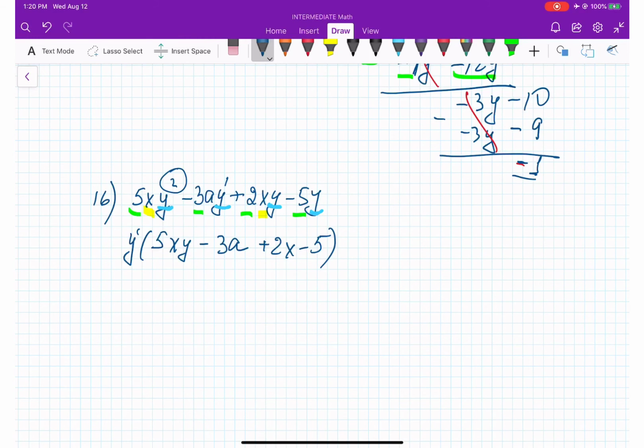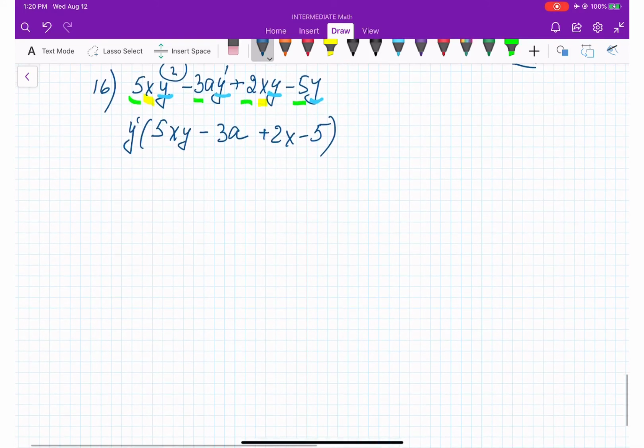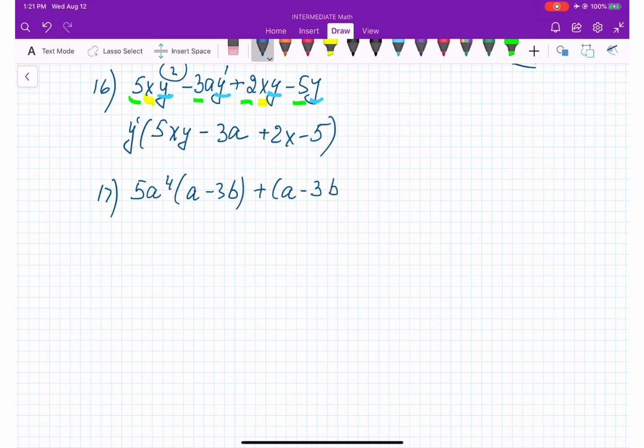Number 17. Remove the greatest common factor again. 5a to 4 in parentheses a minus 3b. Next, plus a minus 3b.